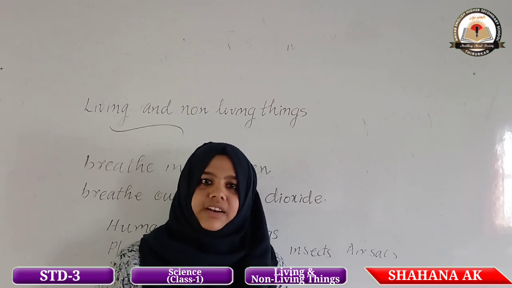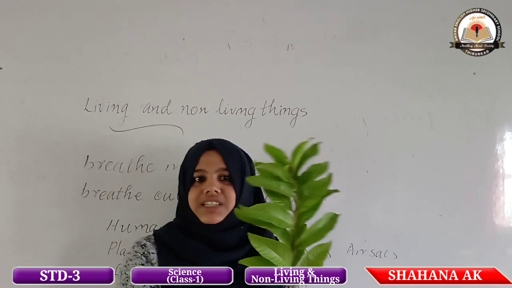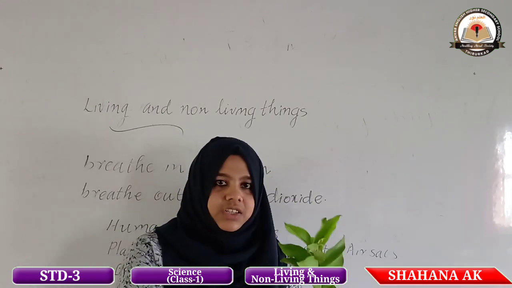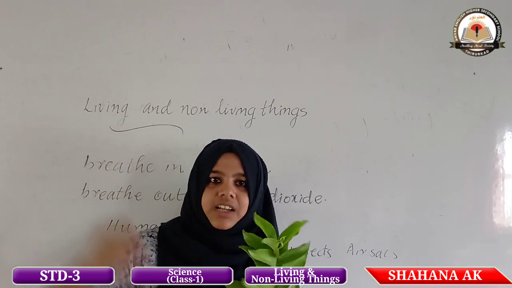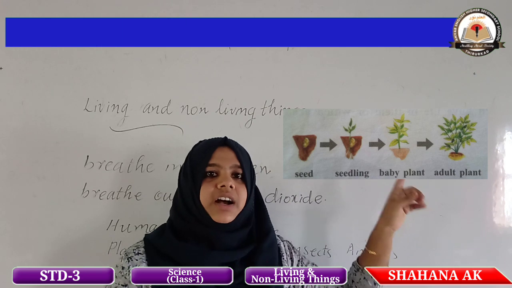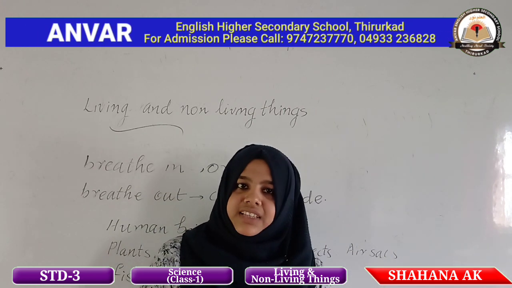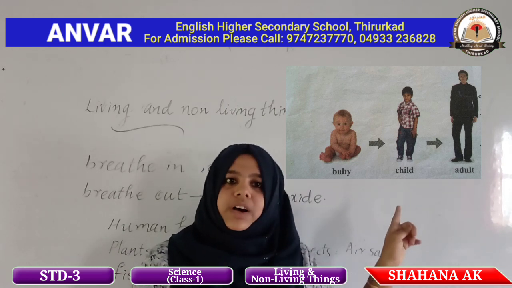Then second one, all of you look at this plant. Now it is a small plant. Then when we are planting it, day by day it's growing up, isn't it? All of you look at this picture. Here you can see the growth of a plant. The next one, in this picture you can see the growth of a baby.